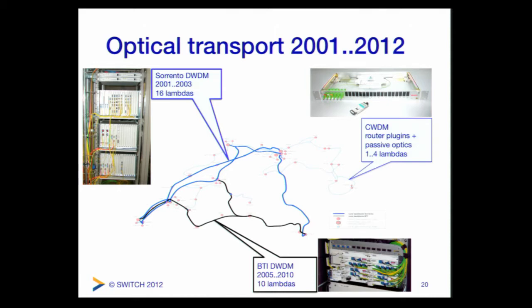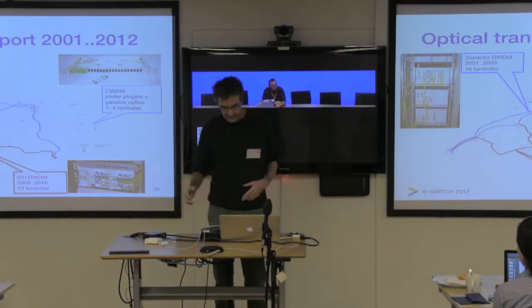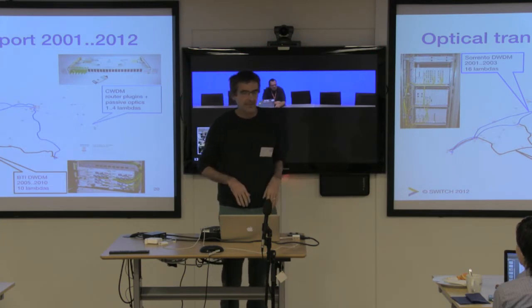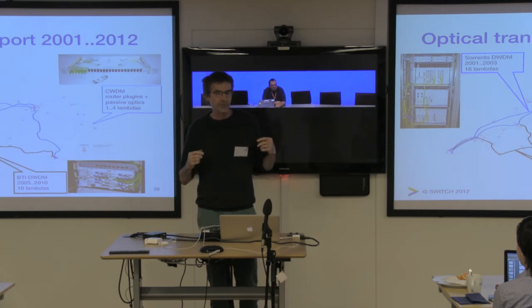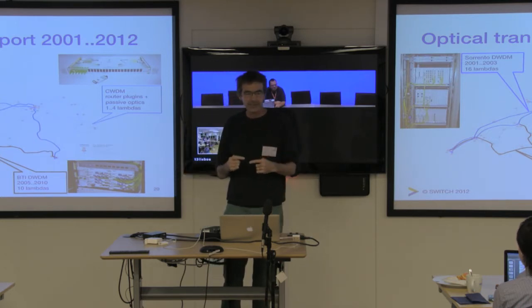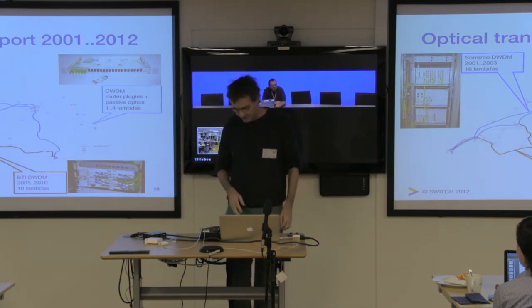We found very small and neat boxes from BTI. Unfortunately, these are not very compatible, so we can't have lambda services through these 2 different systems, because of the problem of the channel plans. And you have to know that all this network is based on bidirectional transmission, so we always use just one fiber. This is something we have to change for the future as well.